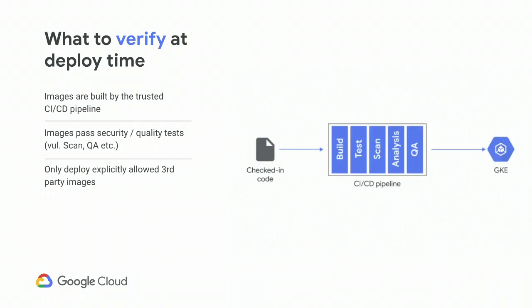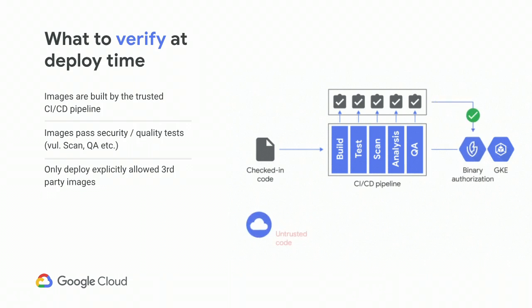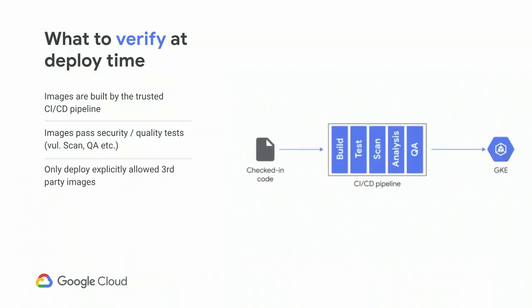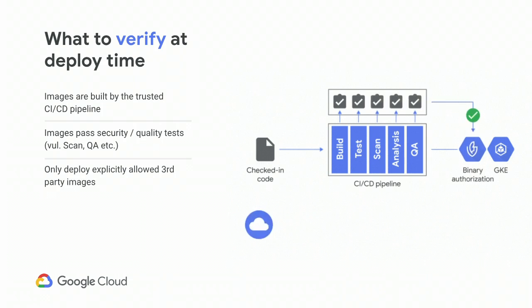If an image does not have the satisfactory signature on it, then binary authorization would block it and record an audit log for future review. There are break glass mechanisms available. So if your developer is trying to push a change that does not meet the policy but needs to be applied anyway, they can break glass. And this would generate an audit log as well for your security team to review this incident later on.